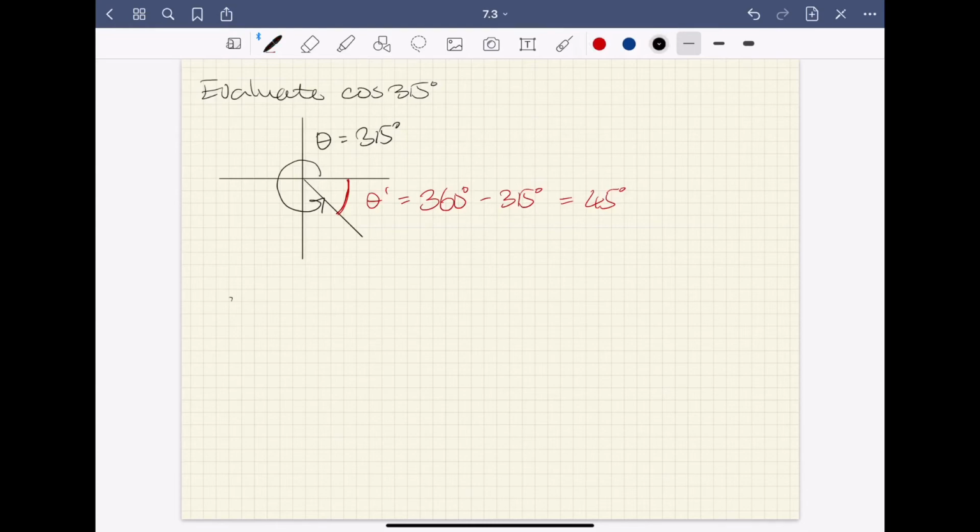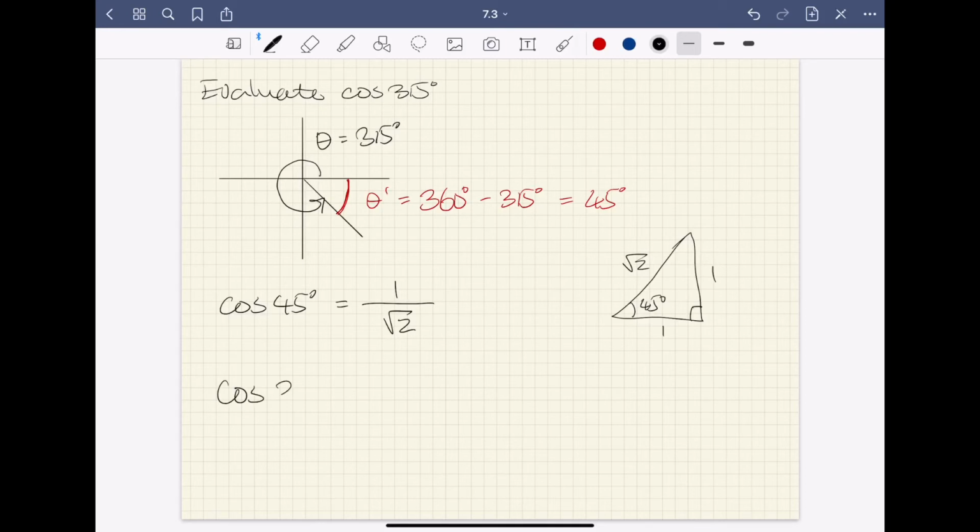So let's calculate cos 45 degrees first. Okay, 45 degrees. This is root 2, this is 1, this is 1. So cos 45 degrees is adjacent over hypotenuse, which is 1 over root 2.